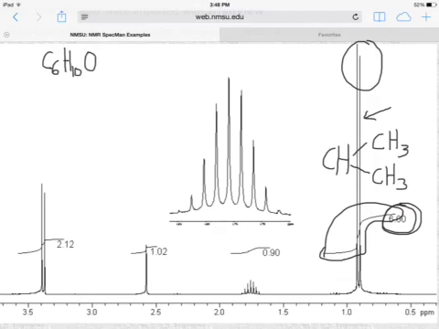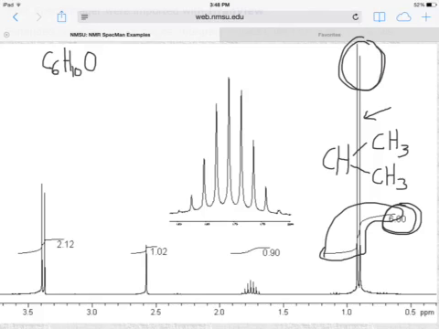The rule of thumb to remember is that the number of peaks is 1 more than the number of hydrogens within 3 bonds of the protons that are responsible for the signal. So for this doublet peak here, these 6 hydrogens are responsible for the signal, and since there are 2 peaks, there's only 1 hydrogen that's splitting them. So we are assuming that our methyls are connected to a CH, or a methine group.